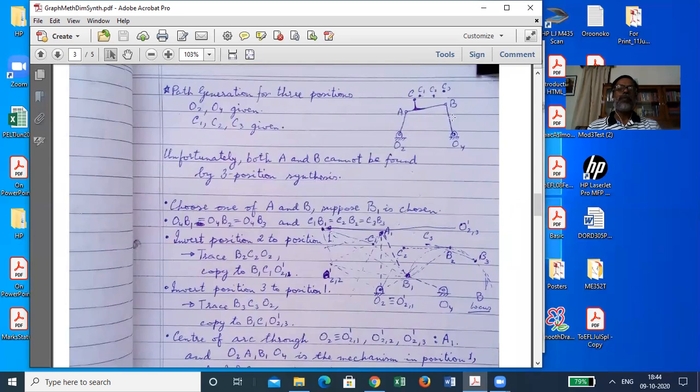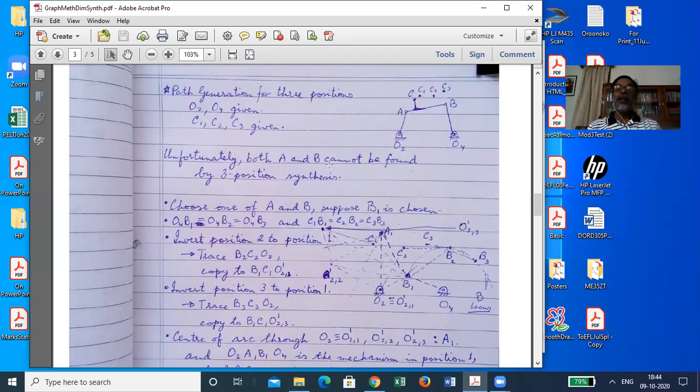Okay, and you want your coupler point C to pass through these three given points. So O2 and O4 are given, C1, C2, C3 relative positions are given, and you want the connection points A and B. Unfortunately, with only 3 position synthesis, both A and B cannot be found. So you have to select one.